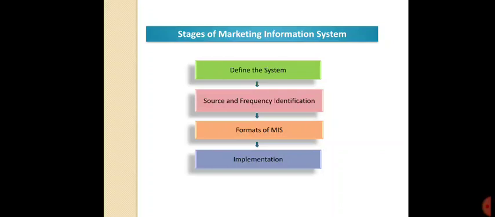Next stage is formats of MIS. Generally, there are 2 formats which are very important. First one, research assessment sheet, and the second one is marketing activity evaluation sheet. The research assessment sheet contains information like marketing decisions, parameters, frequencies, source and the format code.